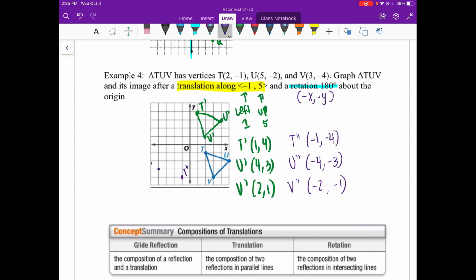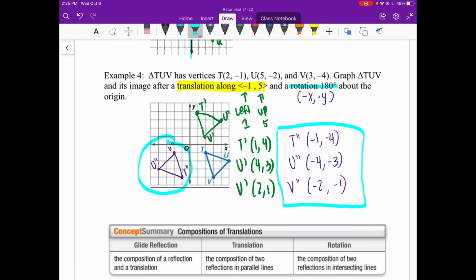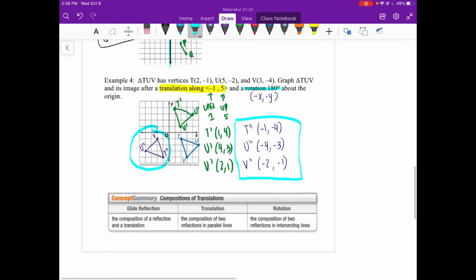Now I'm going to make sure I get that on my grid. Connect my dots. This is my final image, and these are my final points. Just remember when you are doing these that you go in the order that the transformations are listed.